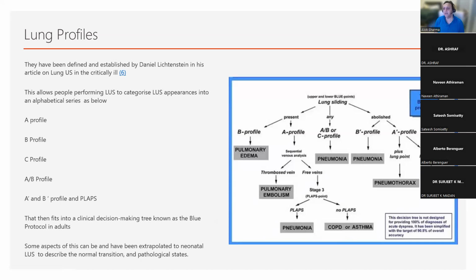The idea from our perspective is that we want to describe a particular area of the lung. Now, we can give a very descriptive report, which says, well, the first intercostal space and the second intercostal space, the gap between them, shows less than 3 B lines with A lines, pleura that looks normal, sliding.